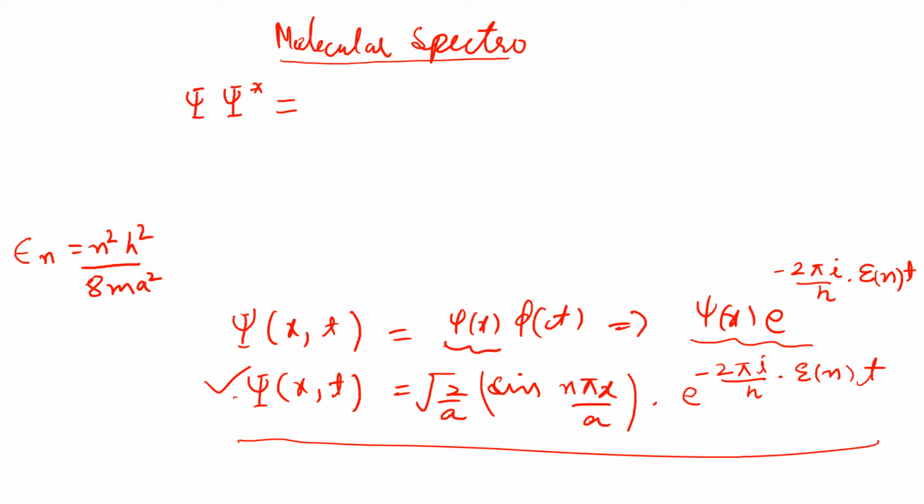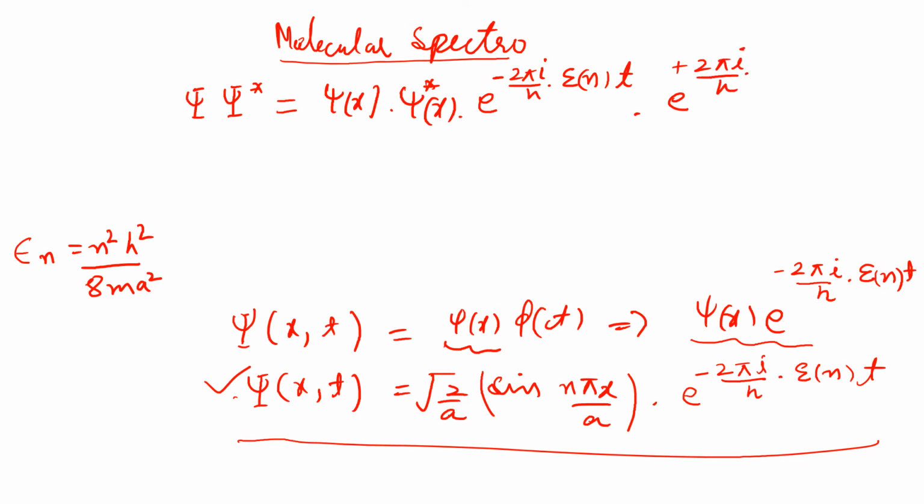So if you put this equation, it is psi x into psi x star, where one factor is e to the power minus 2 pi iota by h into E n into t, and the other is e to the power positive, because in the complex conjugate we take positive and negative iota.